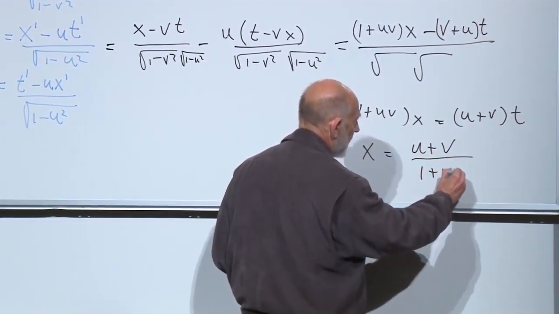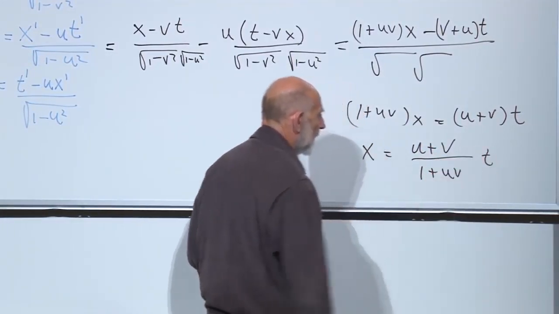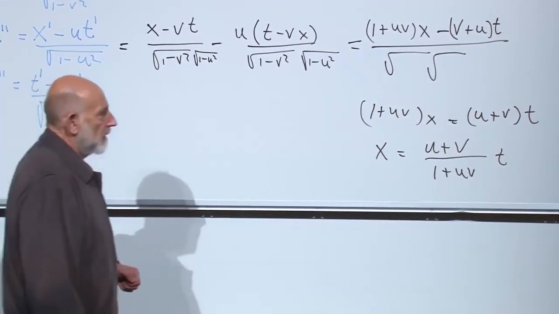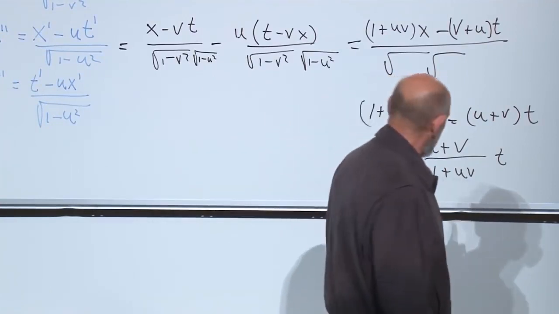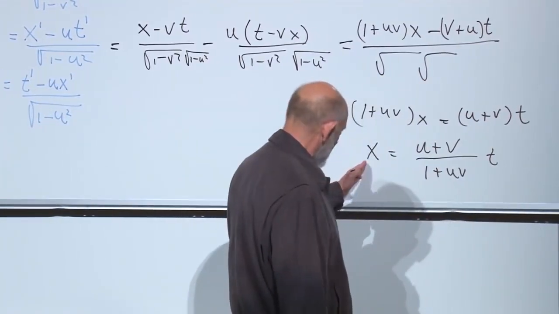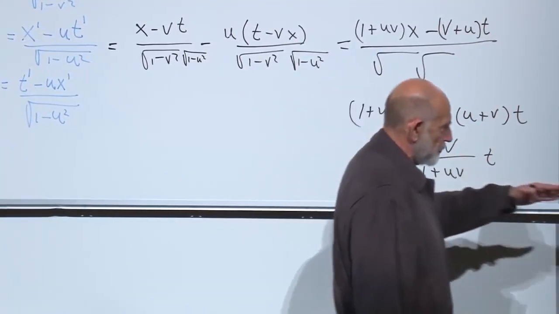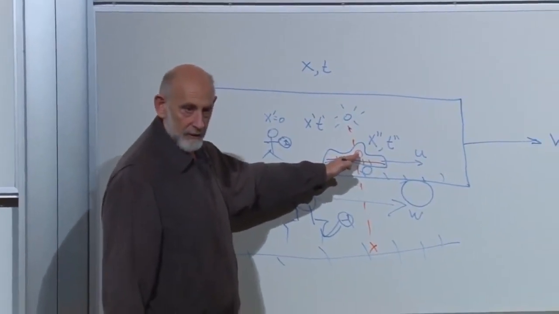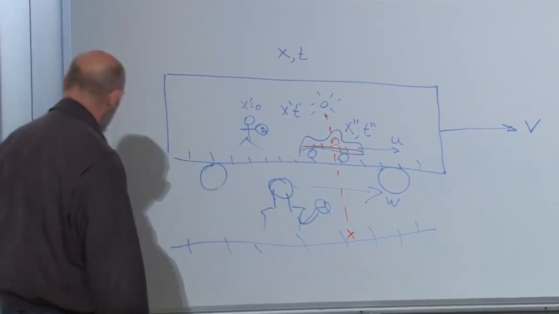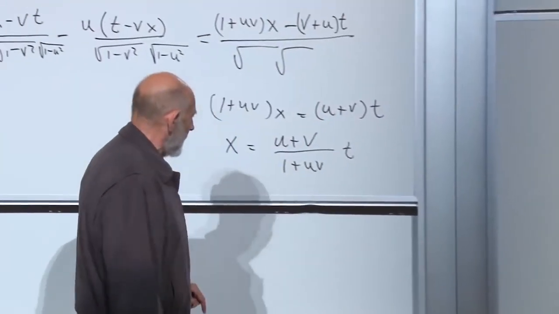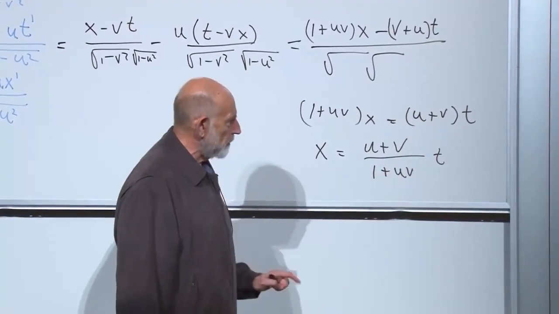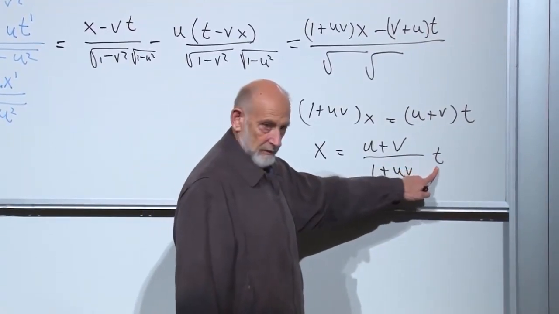So what is the relative velocity? This tells us the x and t trajectory of the kid in the kiddie car here. The trajectory of the child or whoever it is in the kiddie car is x is equal to u plus v over 1 plus uv times t.